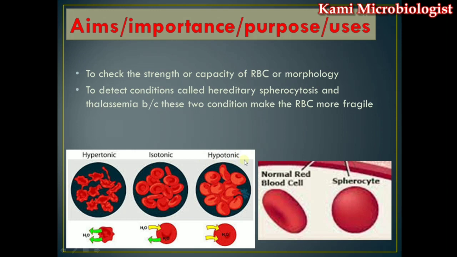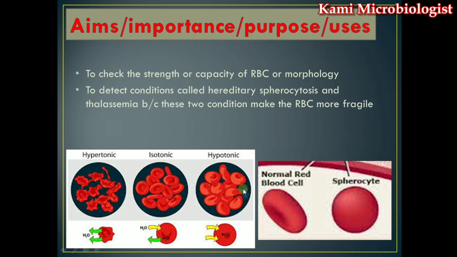Second, we have the hypotonic solution, then we will explain isotonic. Now in a hypotonic solution we have less concentration of the solute but high concentration of the solvent, means water content is high but salt concentration is low. We call it a hypotonic solution. In this case, the RBC has a high amount of solute, and in the outer environment we have a low amount of solute.